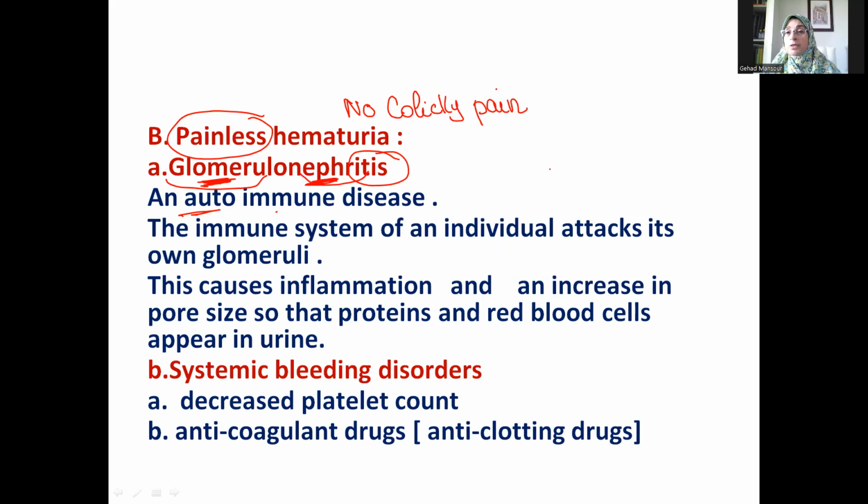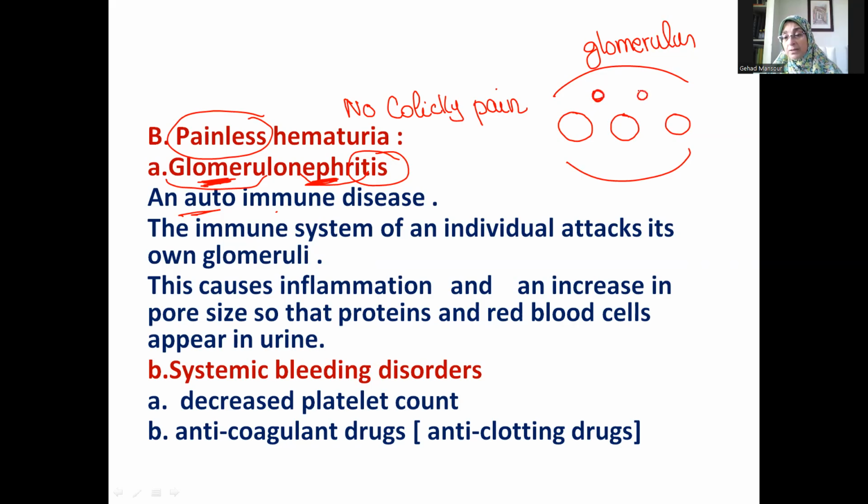And this results in severe inflammation, and it will result in enlargement of the pores of the glomerulus. So if this is the loop of glomerular capillaries or the spherical structure of the glomerulus, then the pores will not be as small as the normal ones, but they will be larger.